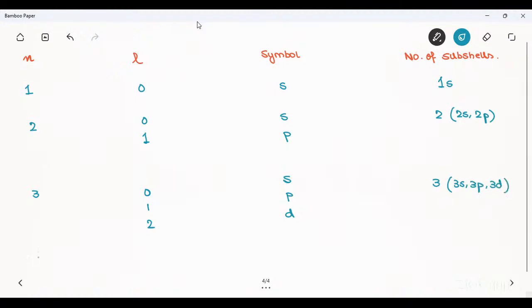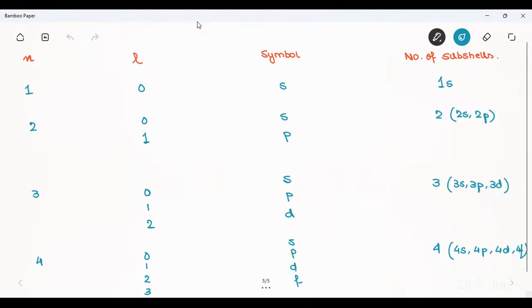Fourth is like this: 0, 1, 2, 3. There it will be s, p, d, f, so 4s, 4p, 4d, 4f. Right?